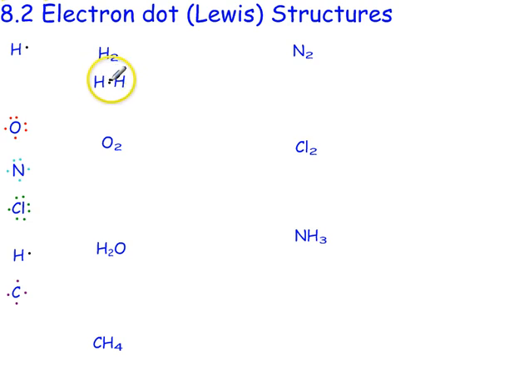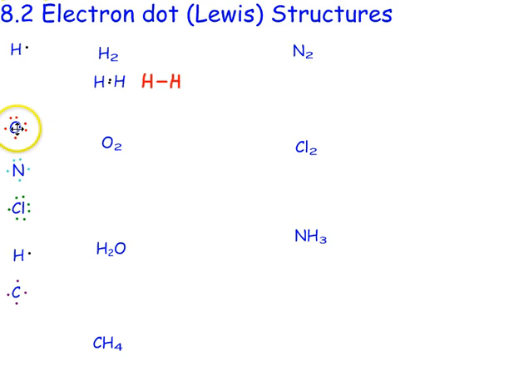And so when we have 2 single electrons coming together to form a bond between the 2 atoms, we don't generally draw that as the pair of dots. We typically draw that as a line. And so this right here is what we would consider to be the Lewis structure for hydrogen gas. Very simple. It just has that single bond between them.